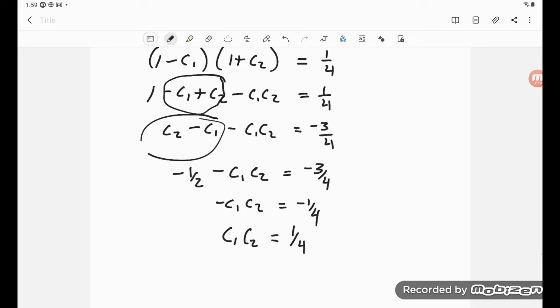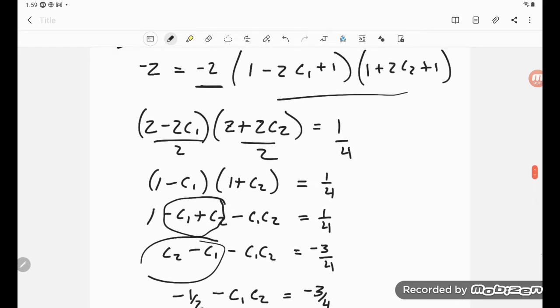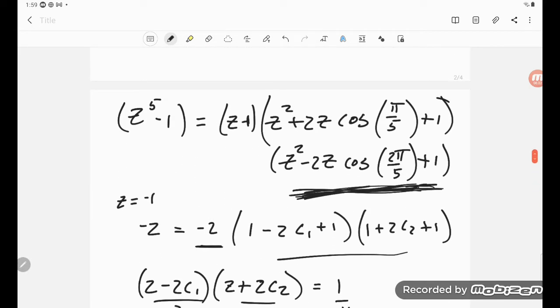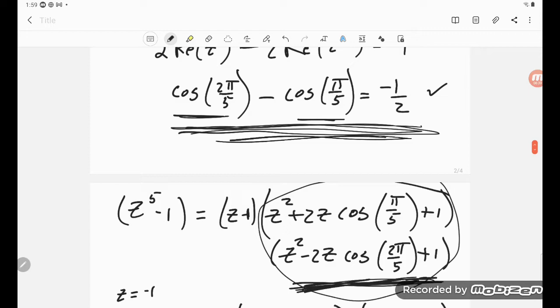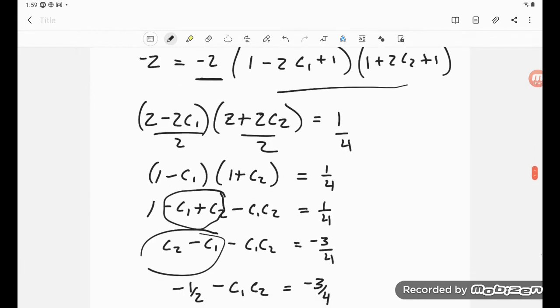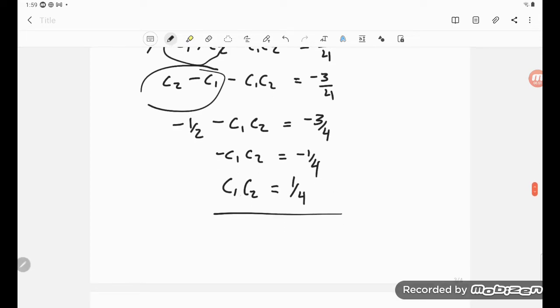And it turns out that that's exactly what you need. So again, if you come back here and multiply out that thing, the condition here takes care of the z cubed and the z terms, but for the z squared term, what you need is for C1, C2 to be a fourth.